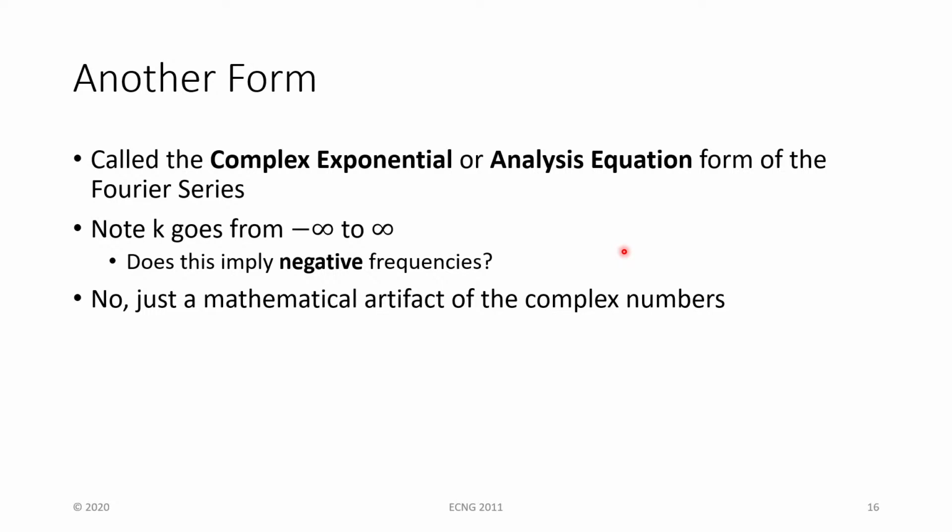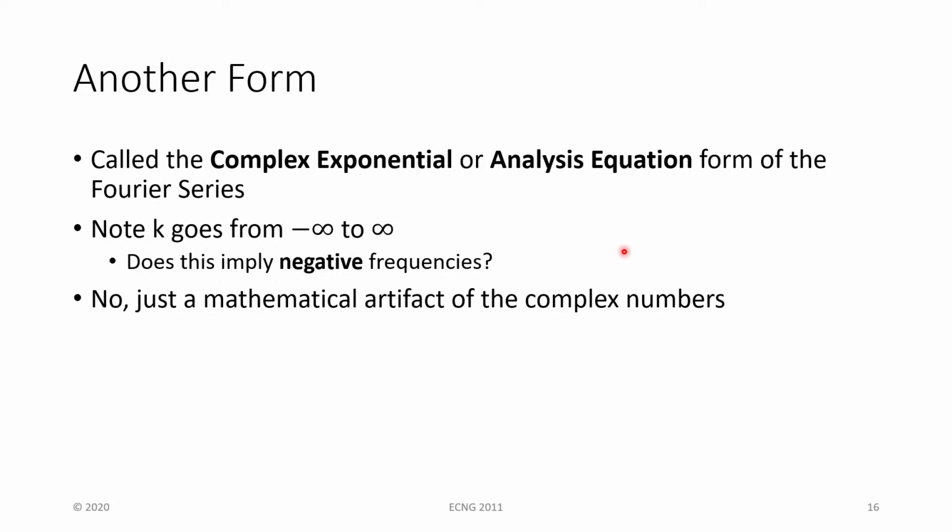And in mathematics you might think, okay, maybe this implies negative frequencies, but no, it doesn't imply this. It's because the coefficients themselves give us a mathematical artifact of complex numbers. So when you're solving for those coefficients, you will end up with complex numbers in some cases, instead of just real values.